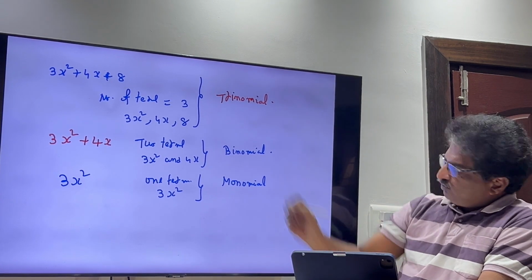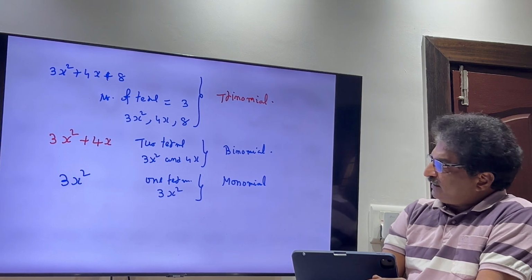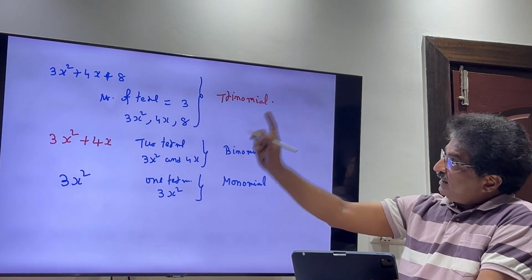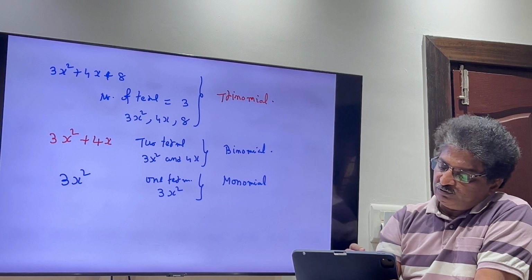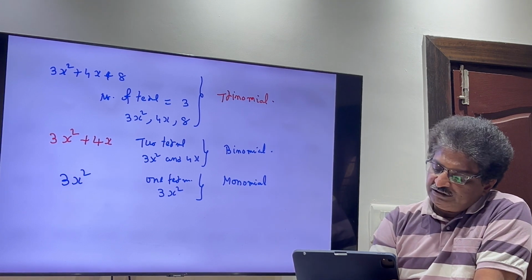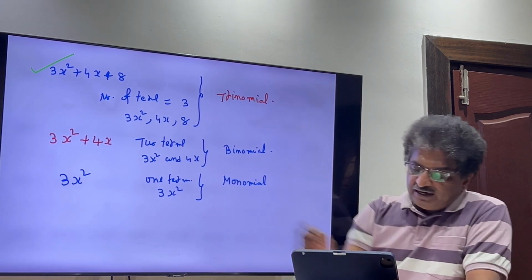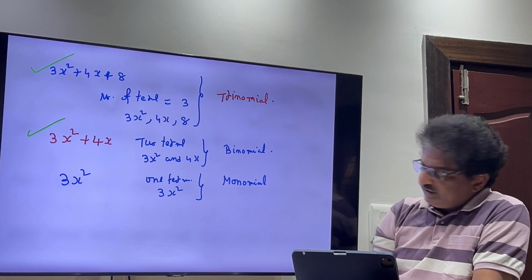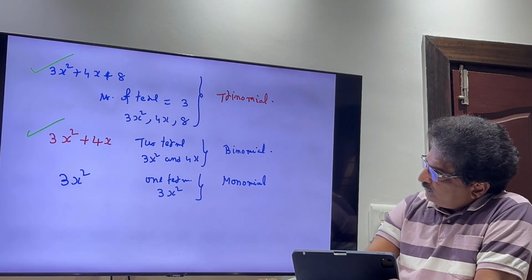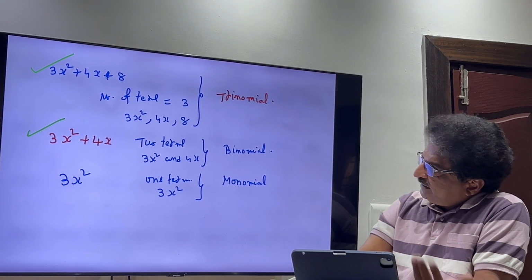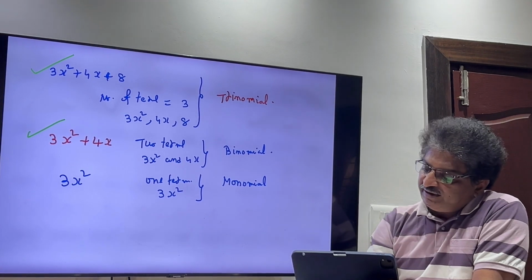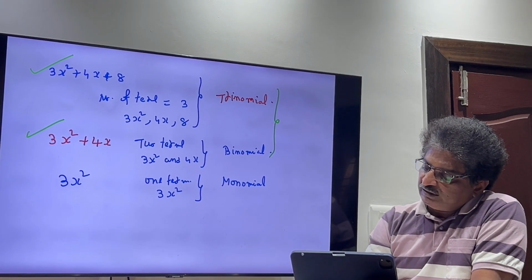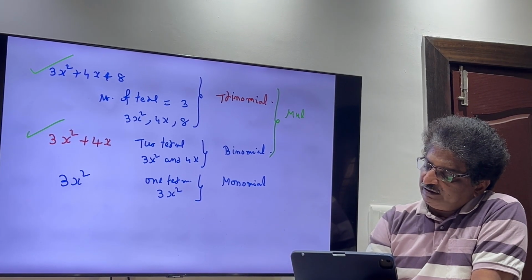Here, more than 2 terms are all said to be multinomials. For example, in the first one 3 terms are there, and in the second one 2 terms are there. Not only 2, but 3 or more than 3, whatever it may be, is said to be a multinomial. So the first 2 come under which category?